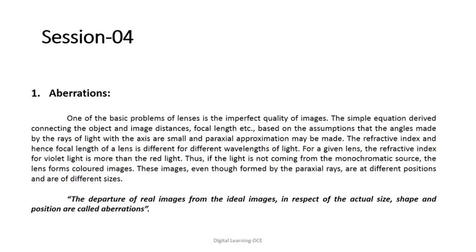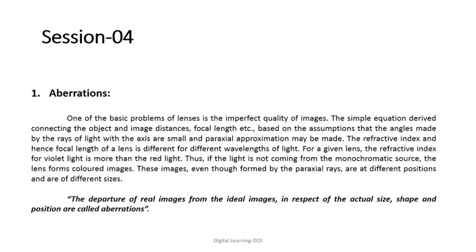The simple equations derived connecting the object and image distances, focal lengths, etc., are based on the assumption that the angles made by the rays of light with the axis are small, and the paraxial approximation may be made.